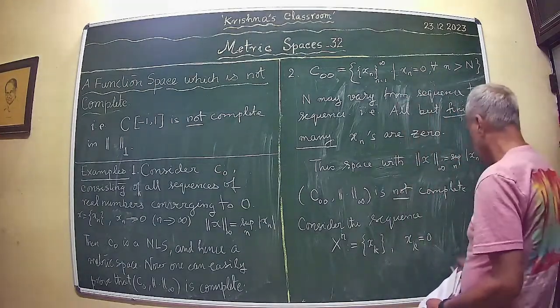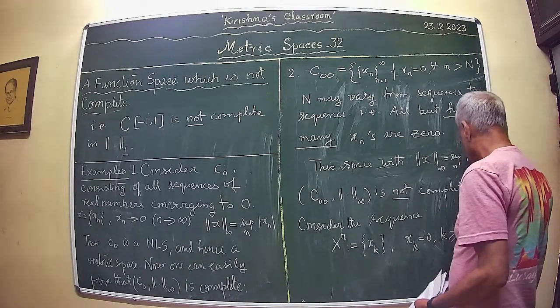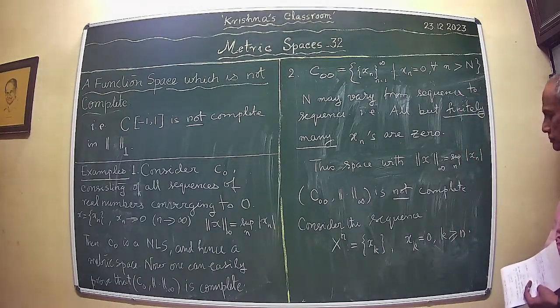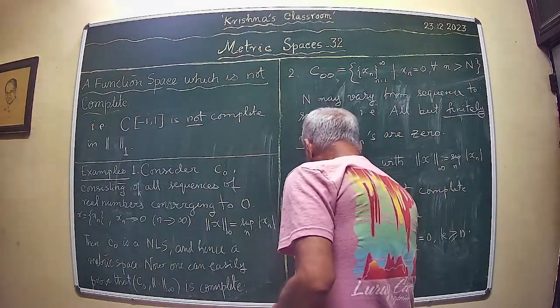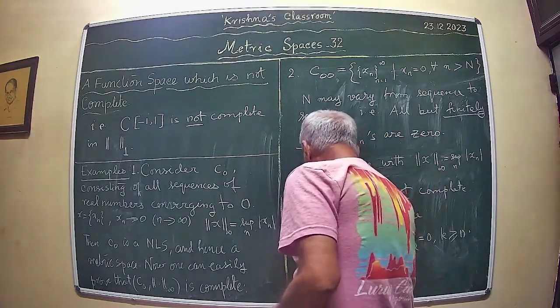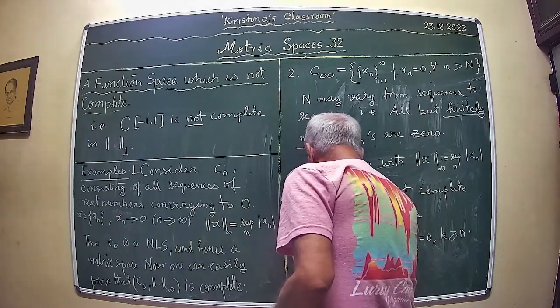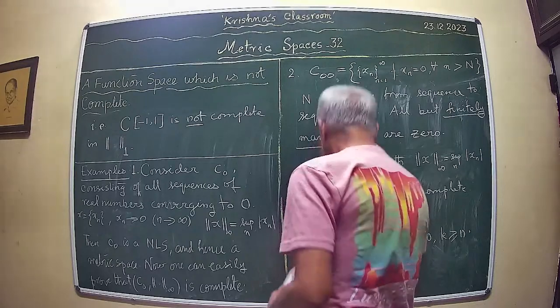xn, k equal to 0 for k greater than or equal to n. So the sequences, the elements are 1, 0, then 1, 1 by 2, 0, and so on.